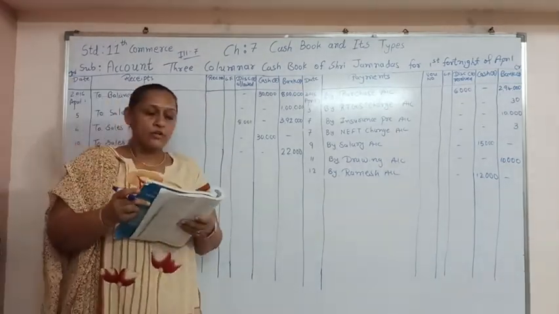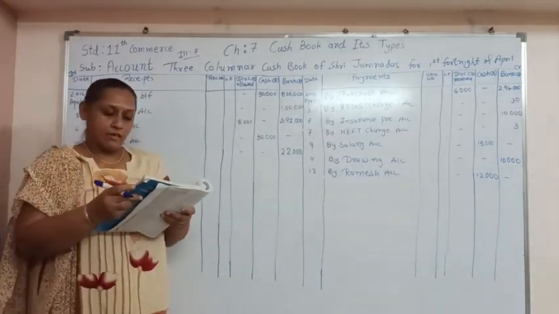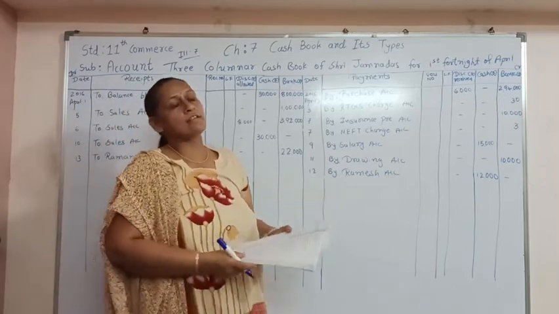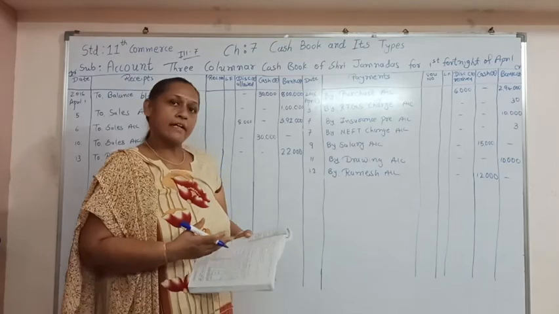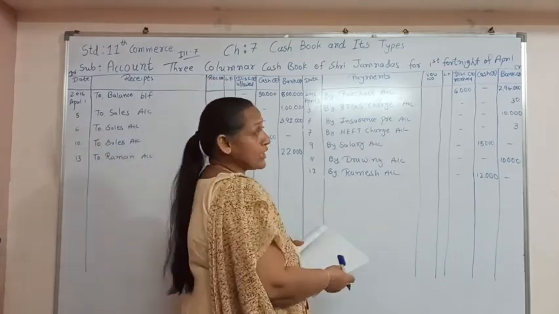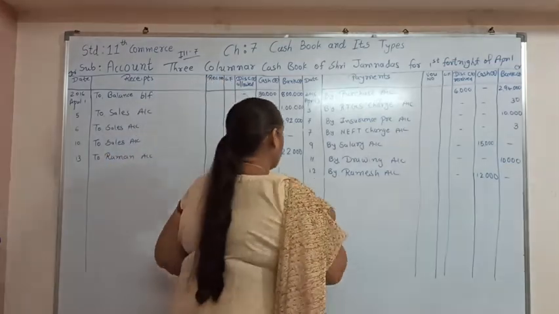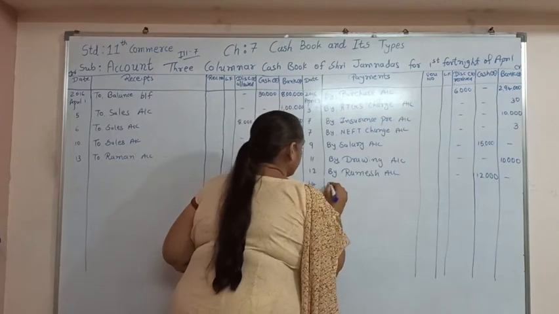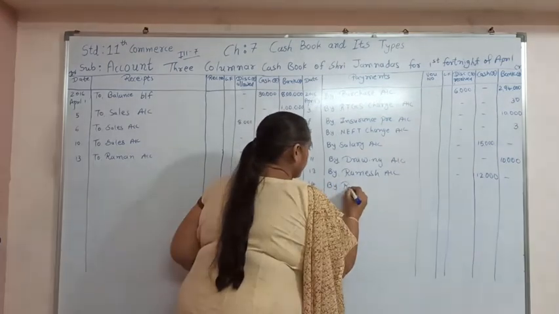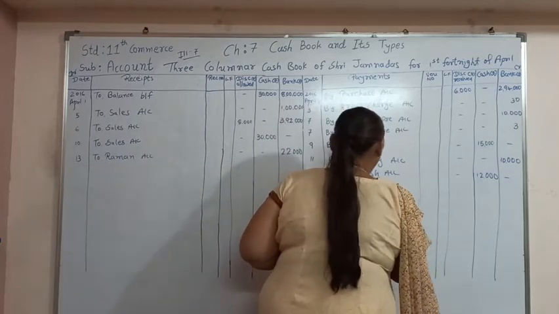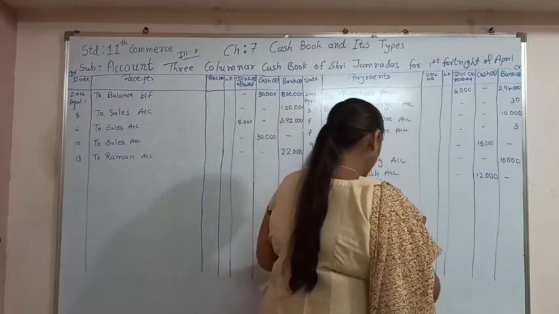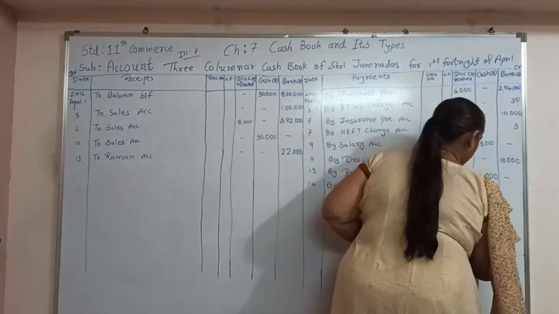Okay. On 14, rent paid rupees 5,000. Here nothing is told to us, so it will be treated as a cash payment. So we are going to write in the cash column, by rent paid, by rent account, and the amount will be 5,000.